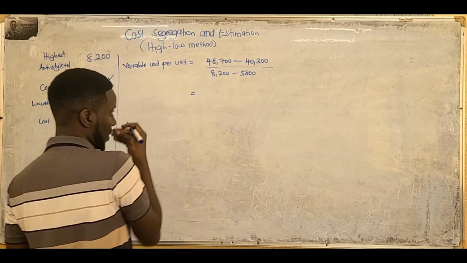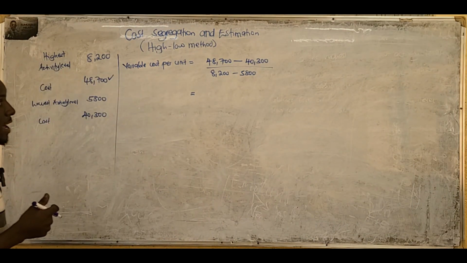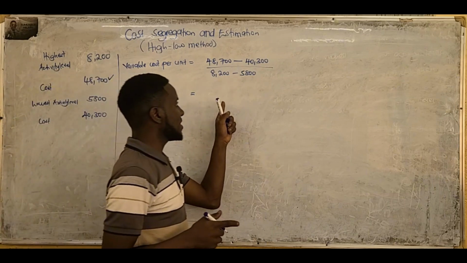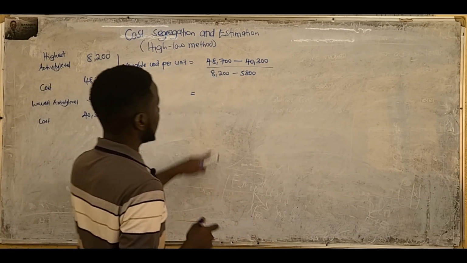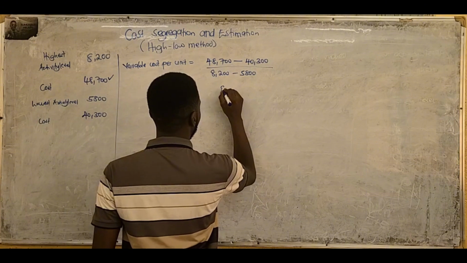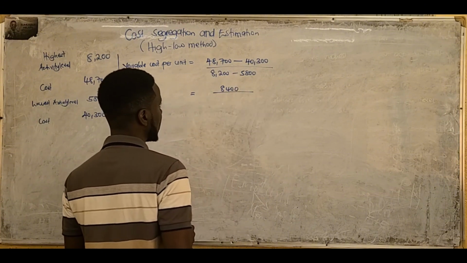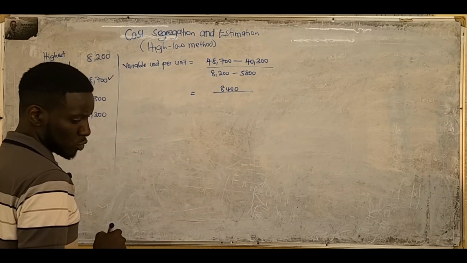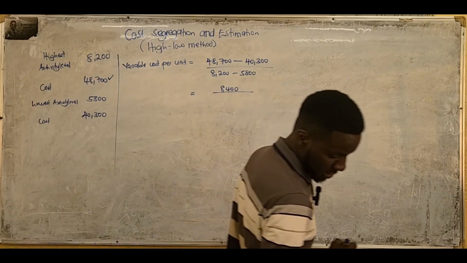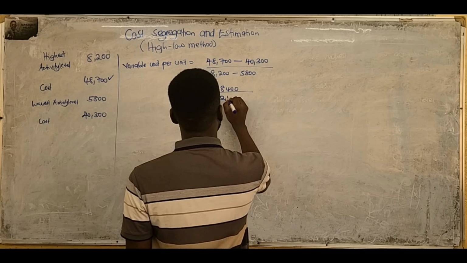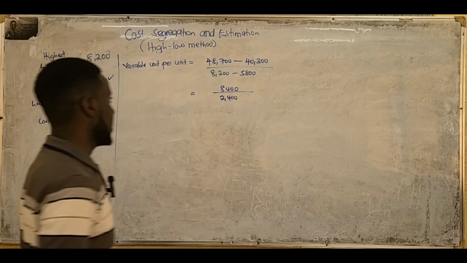Okay, so that's where we are now. When we get the difference here, we are going to get 8,400. Then subtract this, you're going to get 2,400. Yes. Okay.